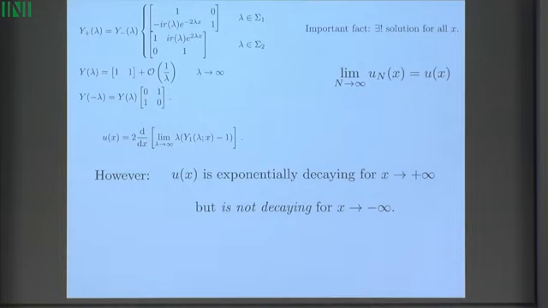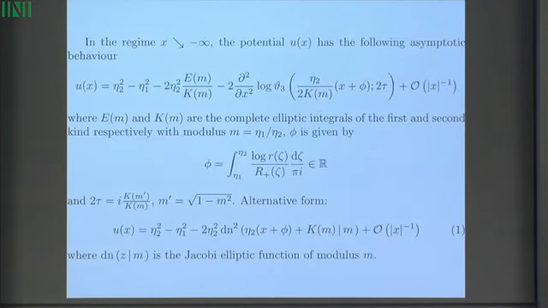But this function u determined by this new Riemann-Hilbert problem is decaying when x goes to plus infinity, but not when x goes to minus infinity. And this is just the initial data for the KdV equation. It's just initial data.